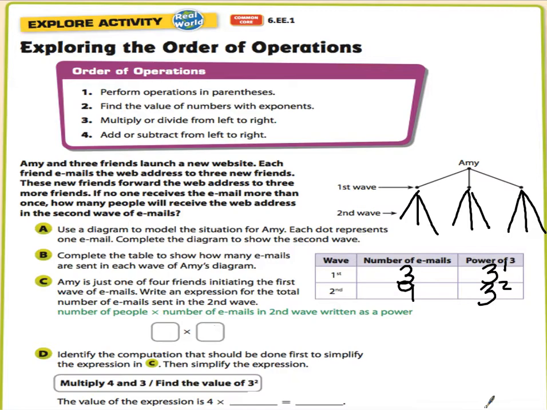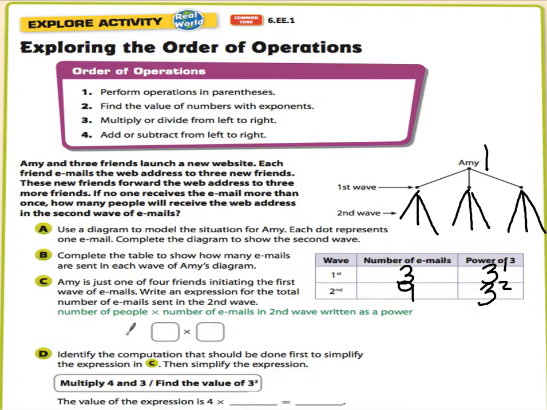All right, so what we can do here is we can take a look at this and say, okay, well, I can do Amy plus, because Amy is 1, plus that first wave of people, which is 4.